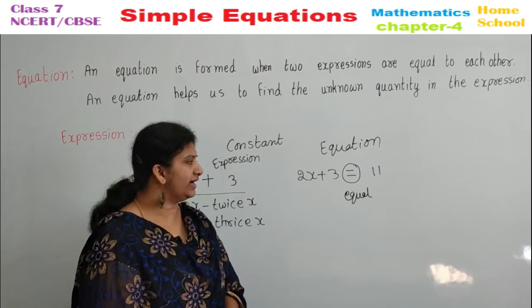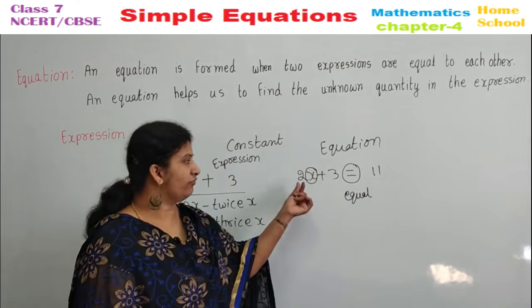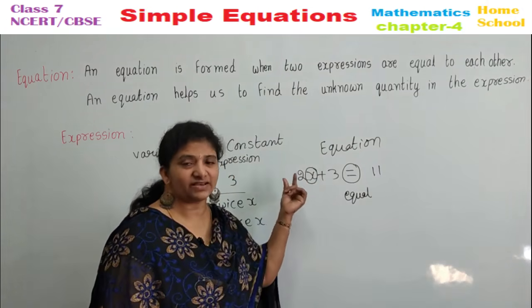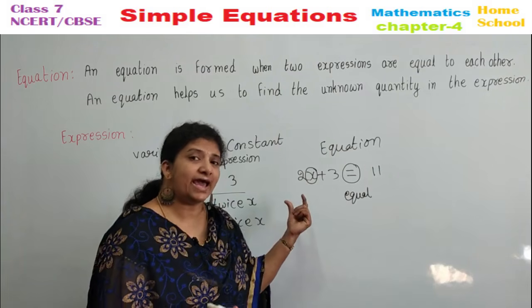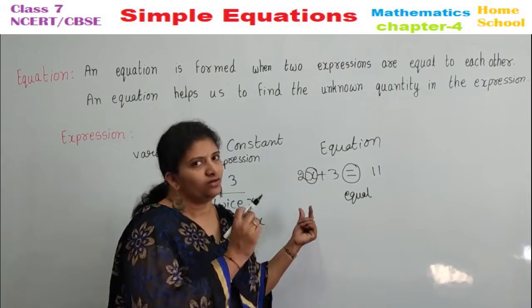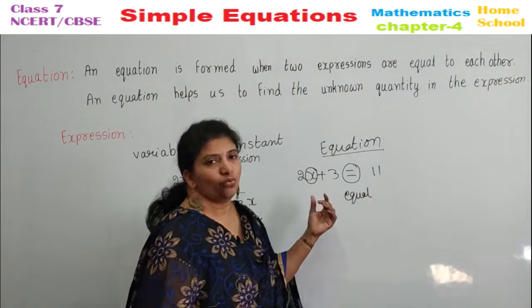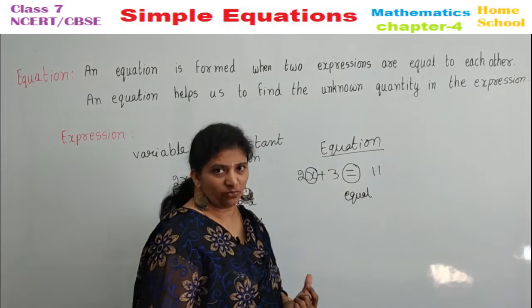What is the unknown quantity here? This is the unknown quantity. We need to find the value of x. Right? x is a variable. Equation helps us to find the value of the variable.